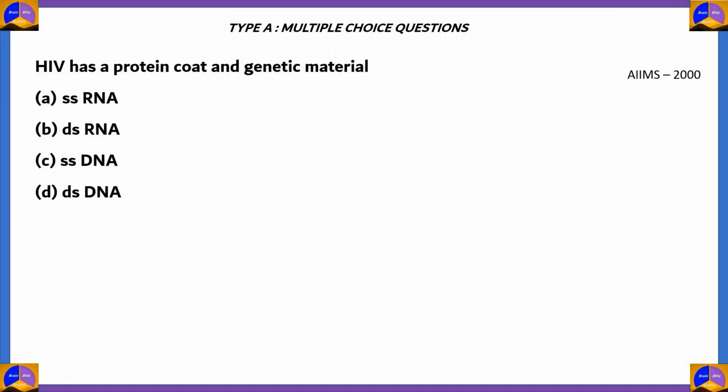Our next question. HIV has a protein coat and genetic material, which is A, single-stranded RNA, B, double-stranded RNA, C, single-stranded DNA, and D, double-stranded DNA. So HIV, which causes acquired immunodeficiency syndrome, has a glycoprotein coat, and it has a double layer of lipid membranes, made of 2 protein coats.